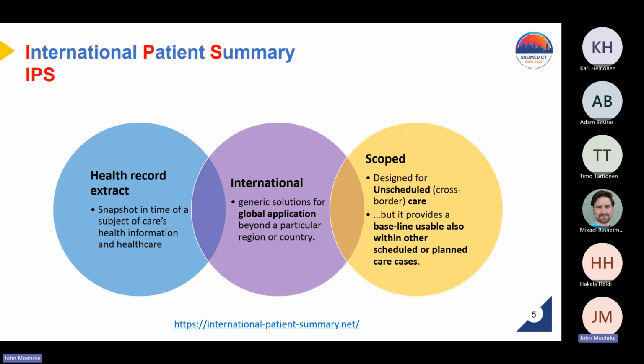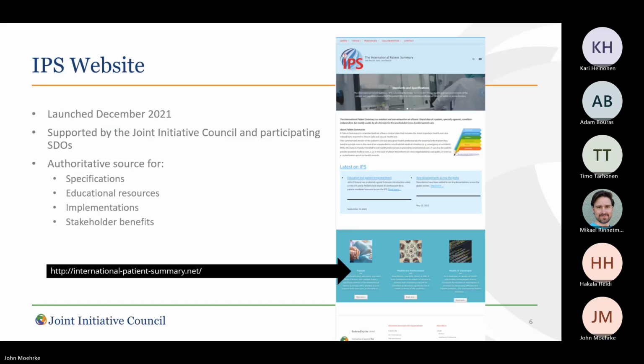We're seeing it used, pulled for emergent care. We're seeing it used across states or cities, or even just across organizations that are within the same region. It is that generally usable.